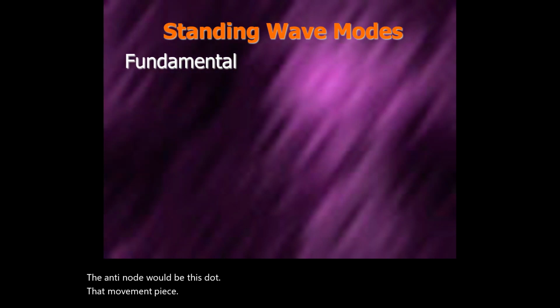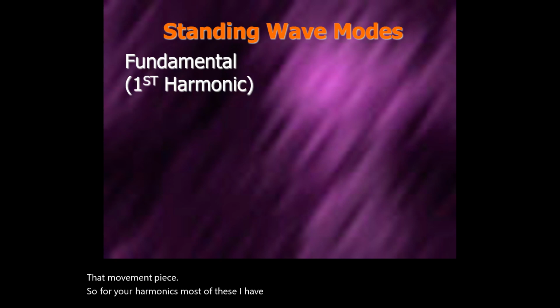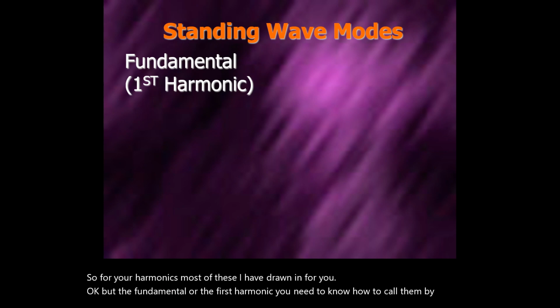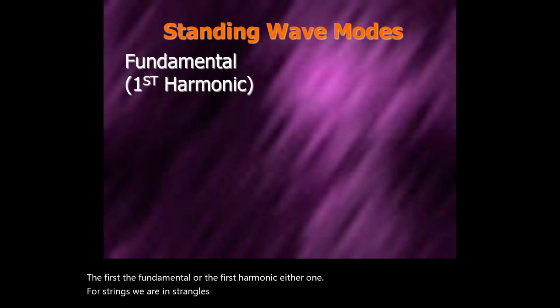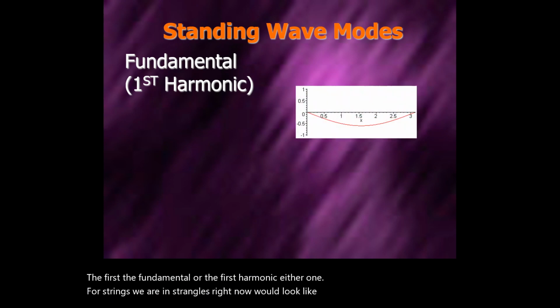So for your harmonics, most of these I have drawn in for you. Okay, but the fundamental or the first harmonic, you need to know how to call them by both the fundamental or the first harmonic, either one. For strings, we are in strings right now, would look like just one bubble.